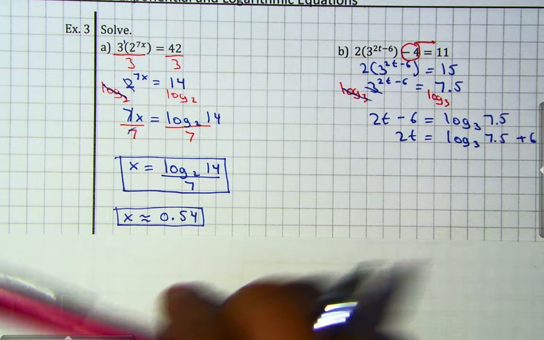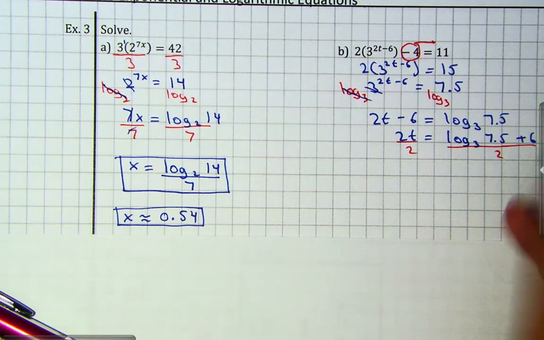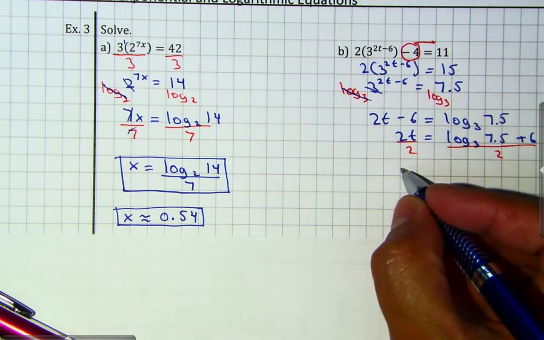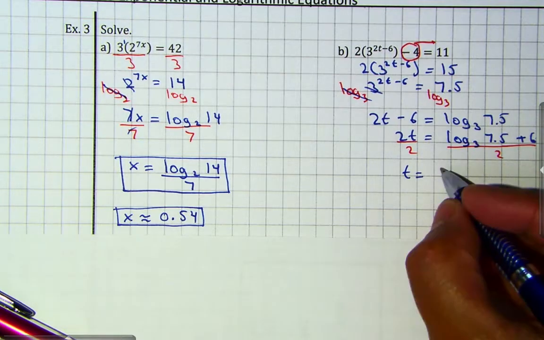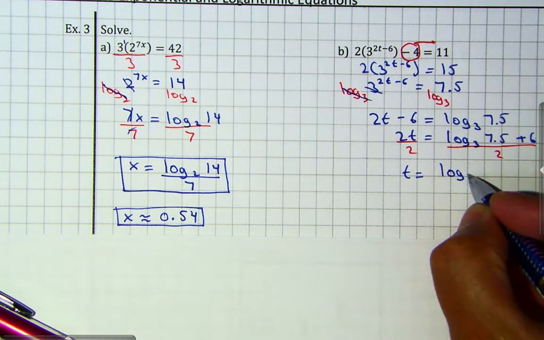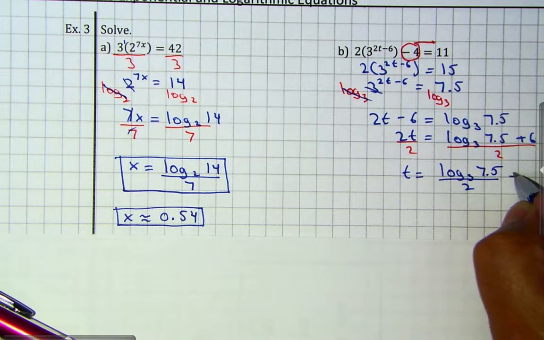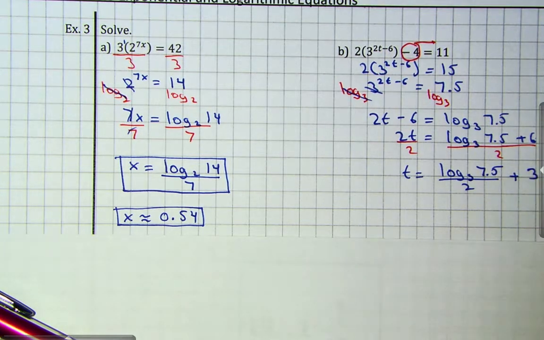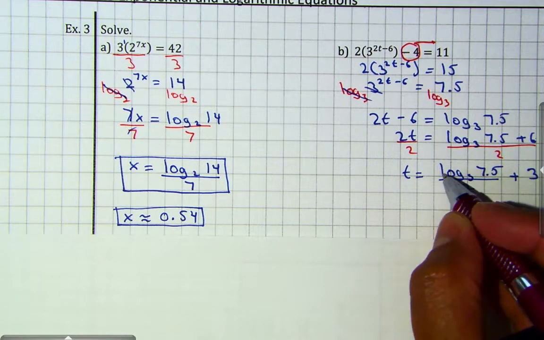Divide by 2. When I divide by 2, I can leave it in this format as my exact answer. But instead, I want to divide each of the terms by 2. So it will be the log base 3 of 7.5 divided by 2 plus 3. Sometimes you'll see this in a different form.